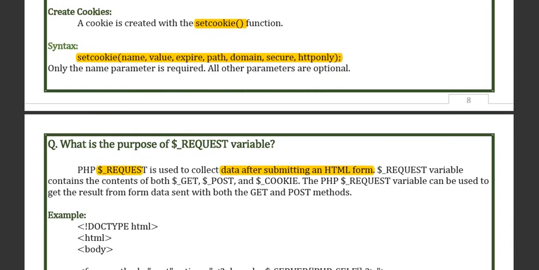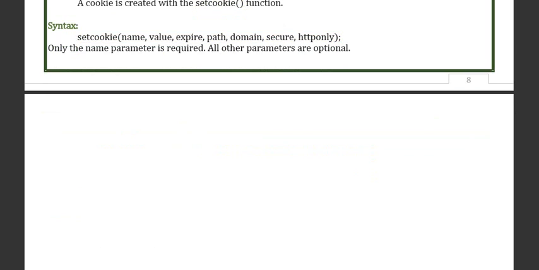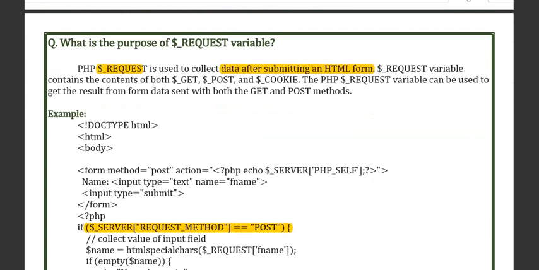Here we have done some work with cookies. Now, what is the purpose of the request variable? The request is used to collect data after submitting an HTML form.